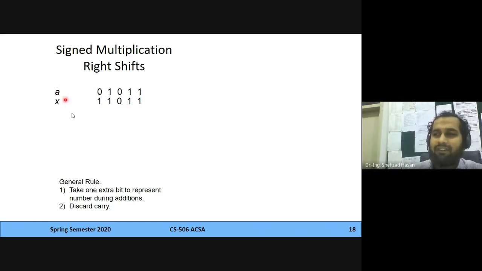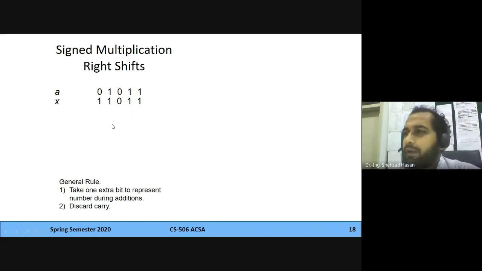Once you have copied that, I can come back to my previous slide where you can look at the steps. I need you to do this yourself. I was hoping to start Booth's algorithm, but let's see if we have got time or not. So I hope everyone has copied.